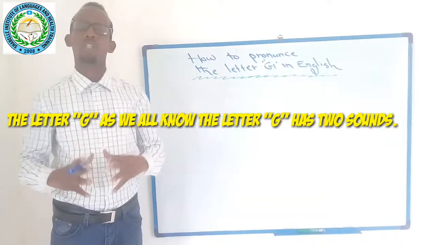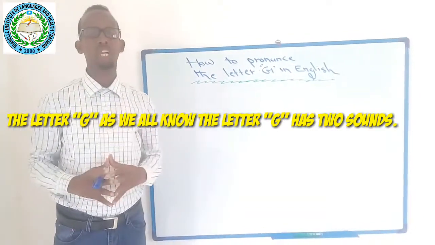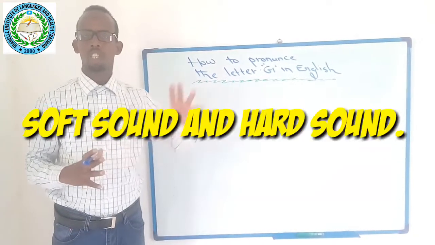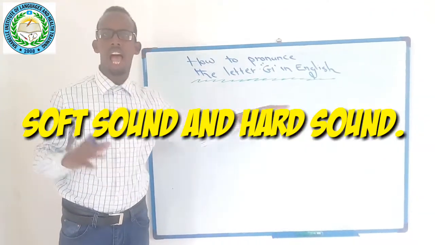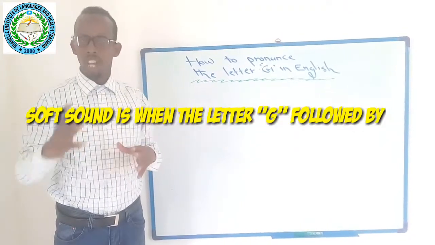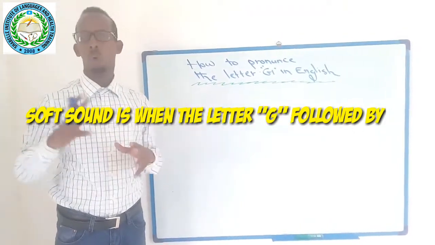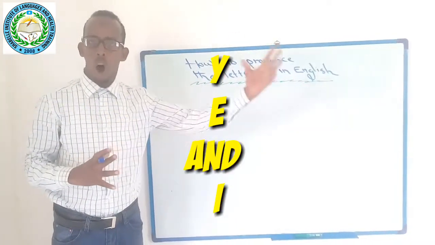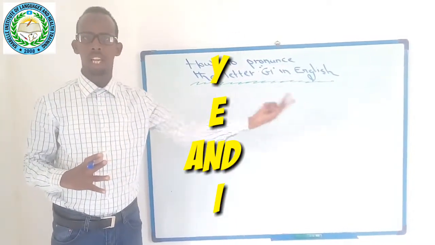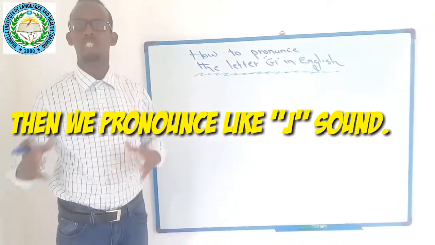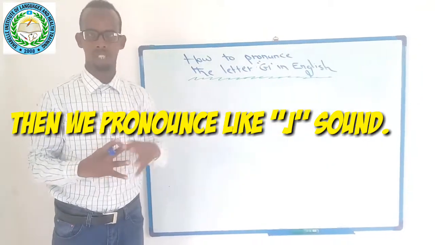The letter G, as we all know, has two sounds: soft sound and hard sound. The soft sound is when the letter G is followed by Y, E, and I. Then we pronounce it like a J sound.